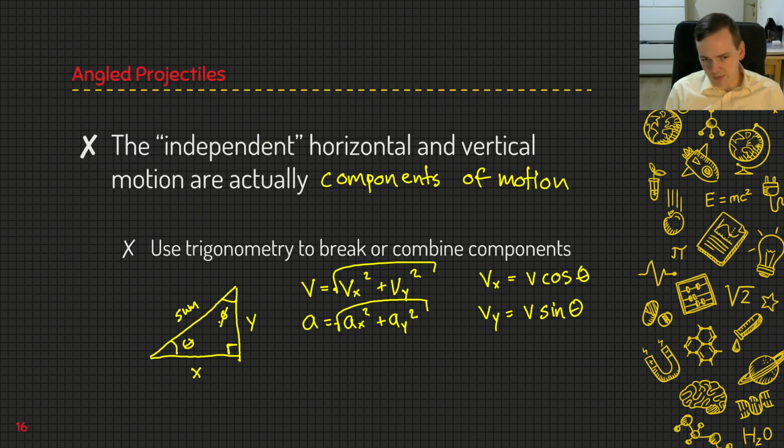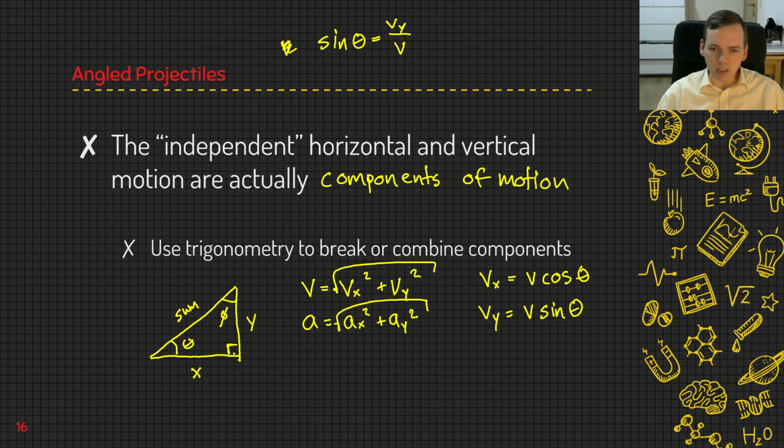Or if you're using phi up here, it would just be switching these two, because it would be opposite our hypotenuse. Where do these come from? They come from knowing that sine of theta equals the opposite value, which is Vy, divided by the total velocity V. If I multiply both sides by V, I get V sine theta. Similarly for cosine, I get the other.